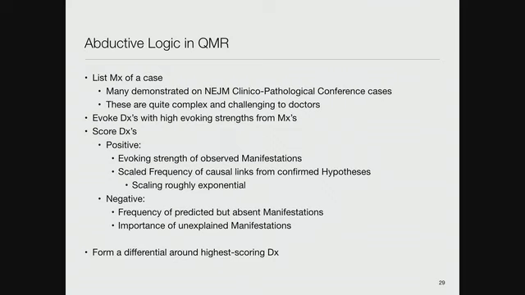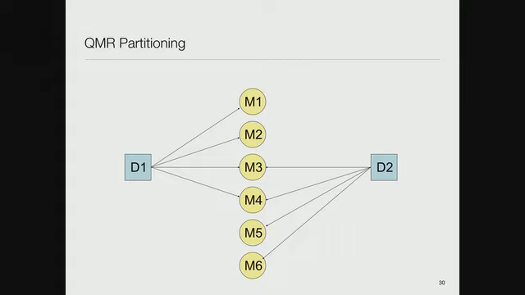Now, this is actually an interesting idea. It's a heuristic idea, but it's one that worked pretty well. So suppose I have two diseases. D1 can cause manifestations 1 through 4, and D2 can cause 3 through 6. Are these competing to explain the same case, or could they be complementary?